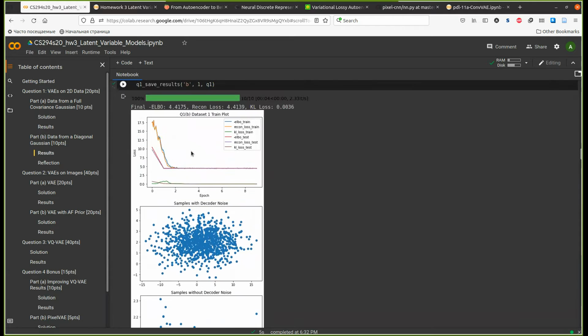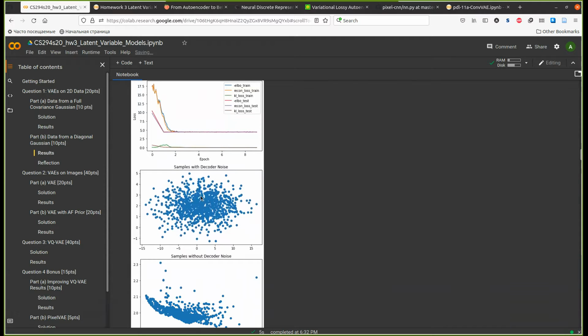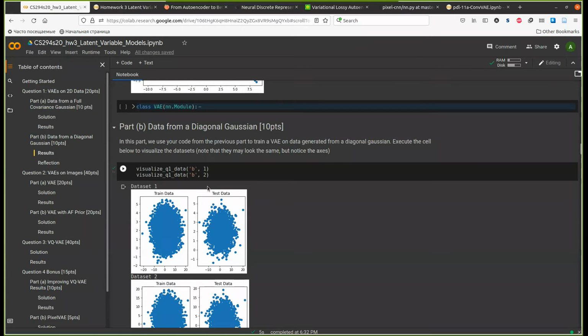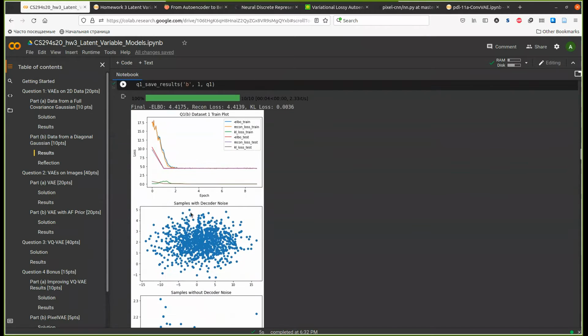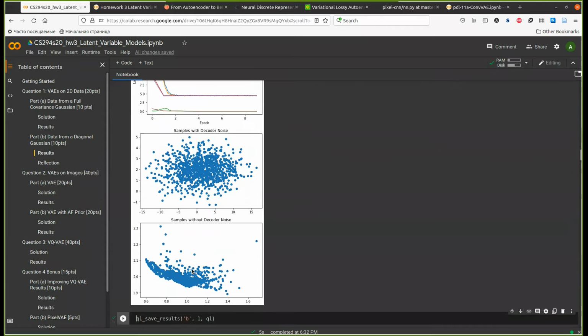And here you see that the samples with decoder noise resemble the distribution we had here. So you see that here it ranges from like -2 to 5, and from -20 to 20 something here, and basically it's similar in our output, right?